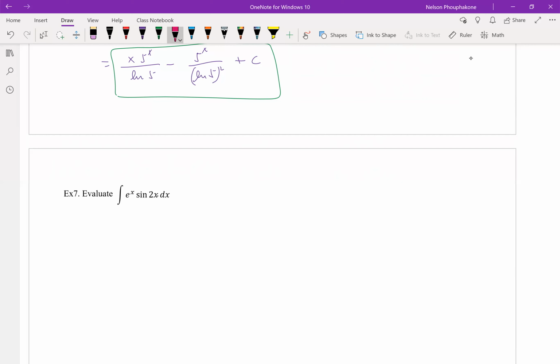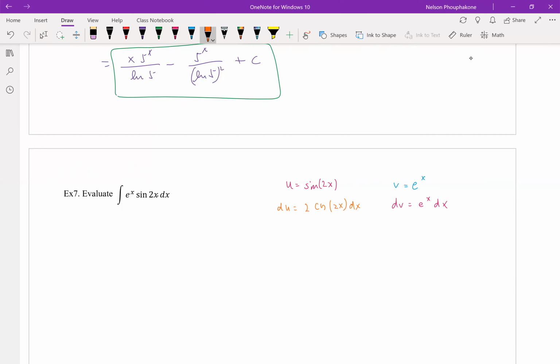Remember, trig is before exponential. So I would like to let u is equal to sine of 2x. Okay, and then of course I will have dv is e to the x dx then. So then now I will have v is e to the x and du will be 2 times cosine of 2x dx. Okay, so this is what we have.